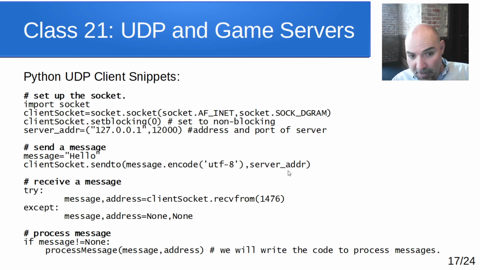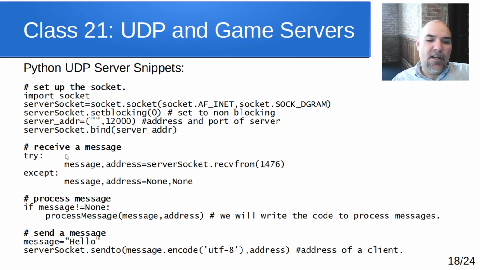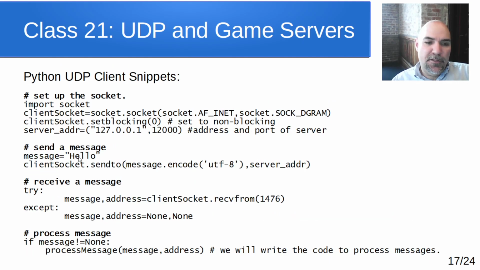Now, there is one thing I'm doing. I notice I'm doing a message.encode, and that's because strings in Python 3 default to Unicode strings, and we need to encode that, and I'm using UTF-8, which is the 8 bits per byte encoding. You could also do a message.encode in what's called Latin, which uses ASCII-style encoding.